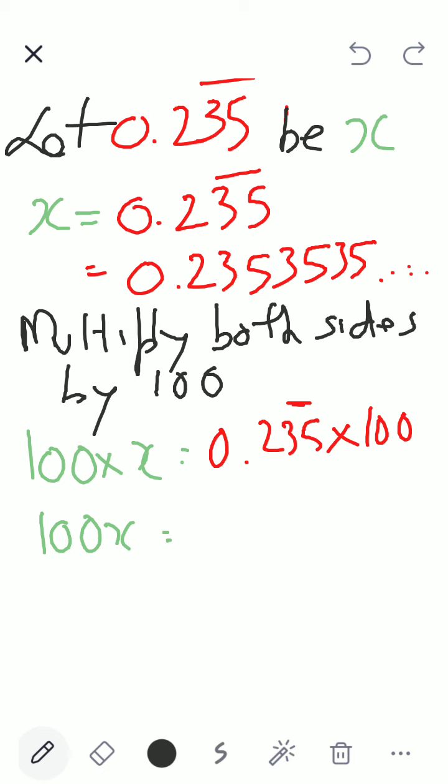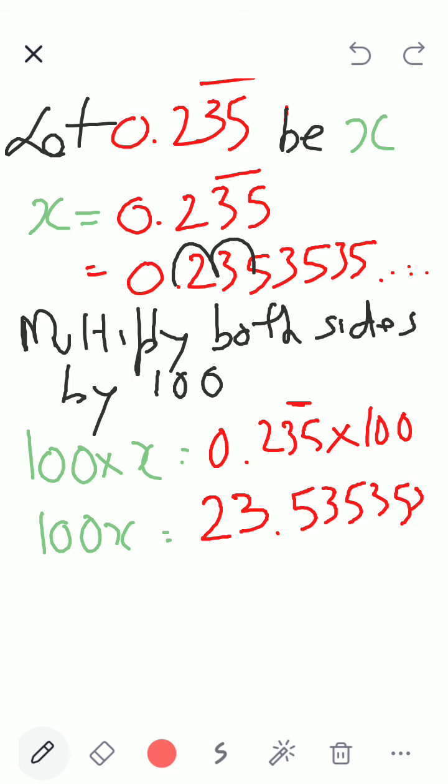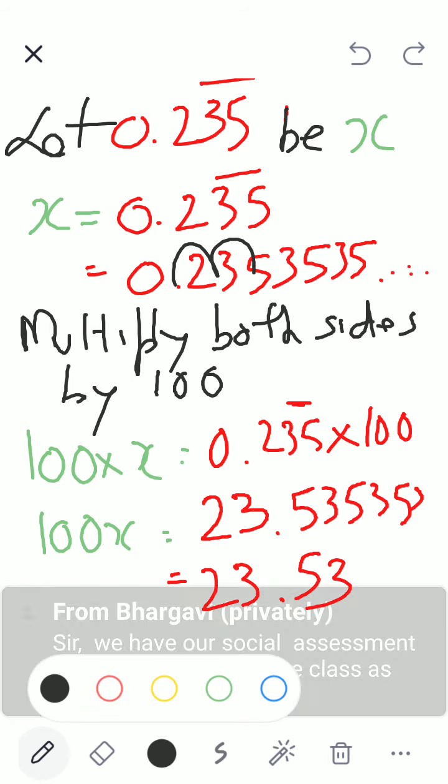Very good. So what happens when I multiply by 100? The decimal point shifts two places. So what does my right side become? 23.535353. So this becomes 23.53 recurring.